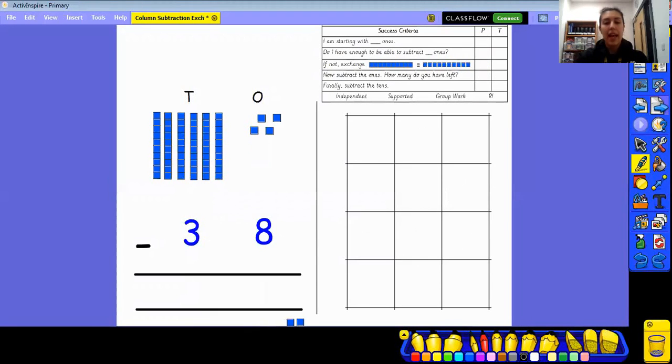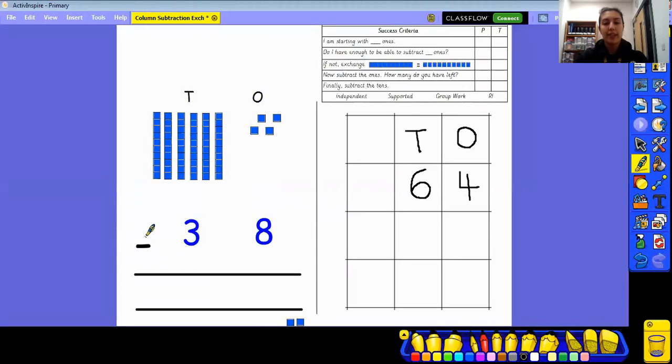Let's have a look at that again, but with an example that's got some 1s this time. So once again, I need a 10s and a 1s column. And my starting number is on the top, so I've got 1, 2, 3, 4, 5, 6 10s. And I've got 4 1s to start with.